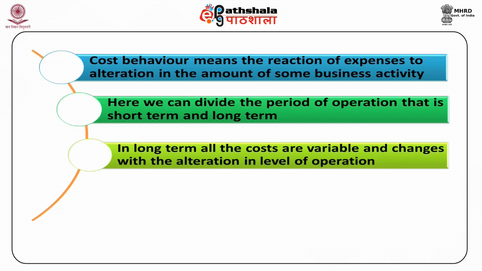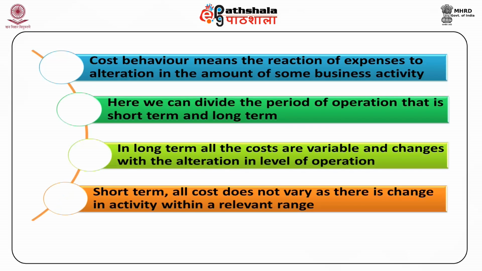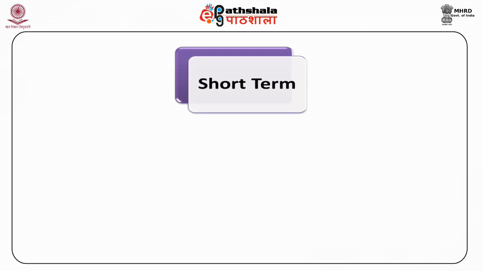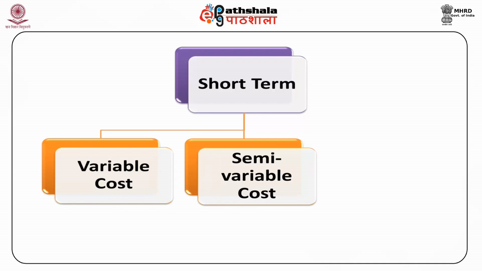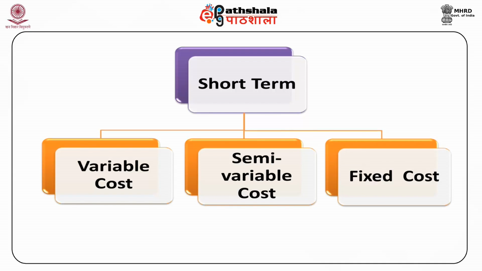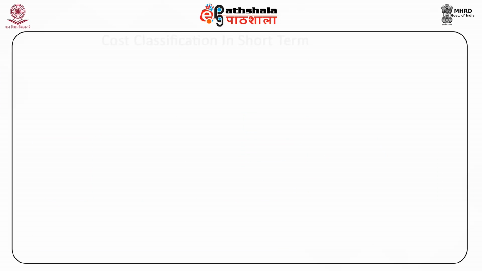In long term, all the costs are variable and change with the alteration in level of operation, but in short term, all costs do not vary as there is a change in activity within a relevant range. In short term, we have three different kinds of costs, namely variable, semi-variable, and fixed cost. Now let's explain cost classification in short term.